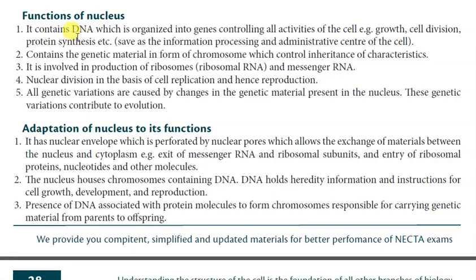Na ndio maana tukasema the cytoplasm without nucleus is useless, because all of the functions which are taking place in the cytoplasm, they are controlled by DNA or they are controlled by the nucleus. Na ukijiuliza kwamba how are these functions controlled? They are controlled by DNA. DNA tend to produce messenger RNA.